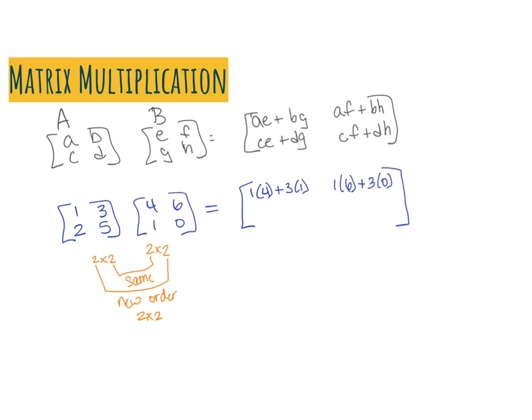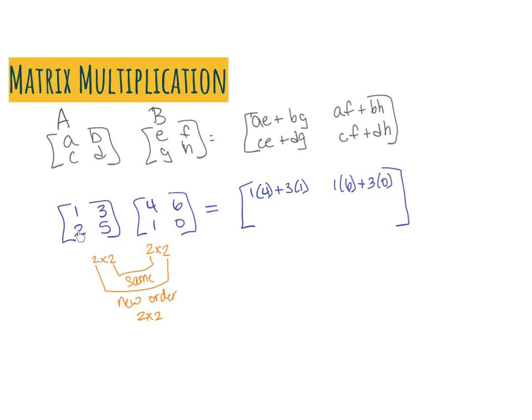So now we just need to work on our second row. Using that same concept to figure out this second row, first column, we're going to multiply those corresponding parts together and add the sum.